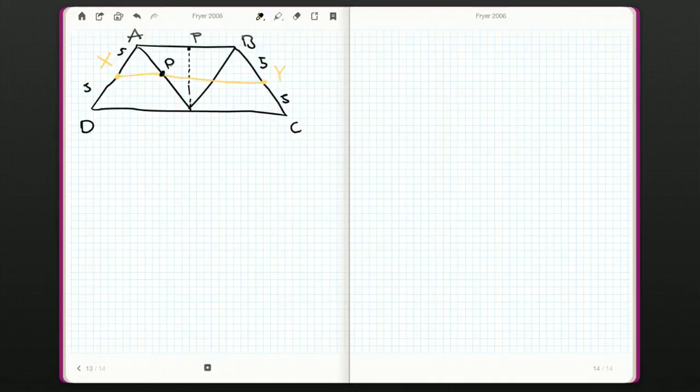Well, let's get some new points in here. Can't use P. We already have P. How about M and N? So let's let points M and N be as shown.